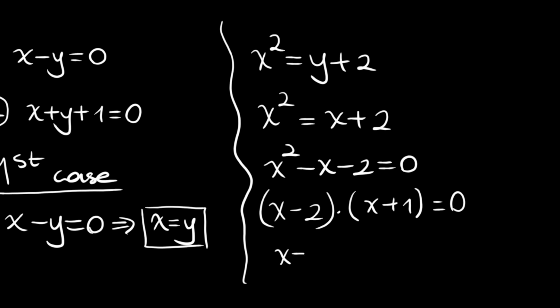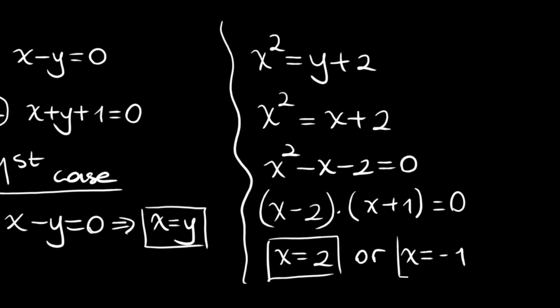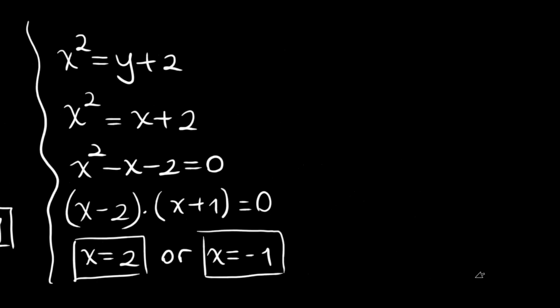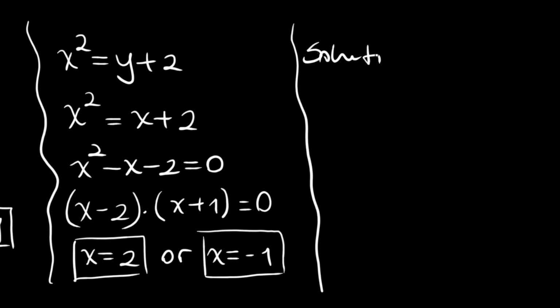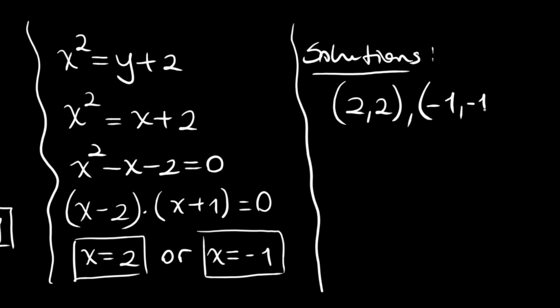So x is either 2 or x is negative 1. And if x is equal to 2, y is equal to 2, since we have x equals y in this case. So the solutions here are 2, 2 and negative 1, negative 1, since x and y are equal in this case.